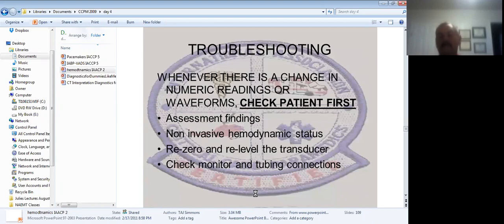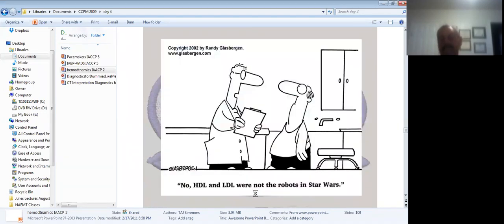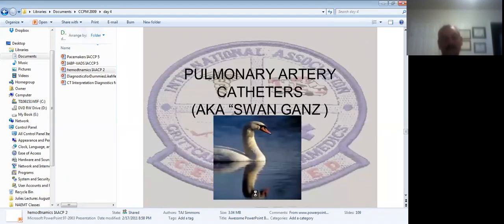If there's any question about the fidelity of our reading, check the monitor and tubing connections. Remember, the beautiful thing about central venous pressure monitoring is it is pretty easy. If you have that squiggly line and you're getting numbers, there's a high degree of probability that it's working. If not, obviously you would re-zero it. It is a straightforward tool.